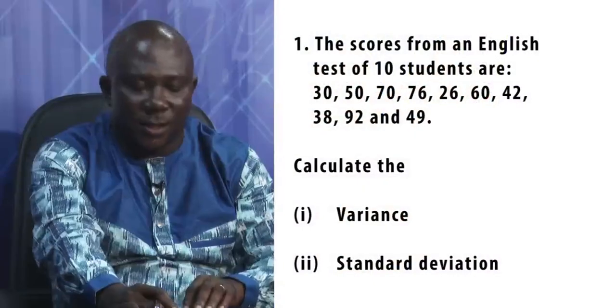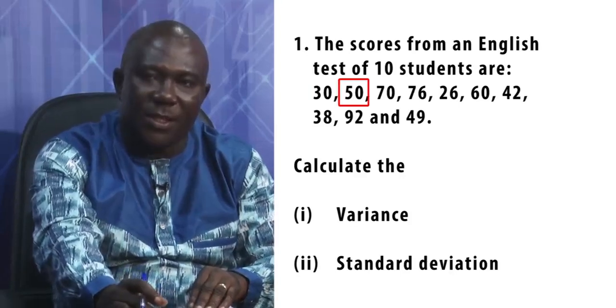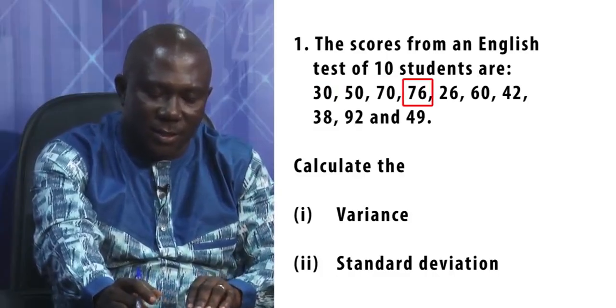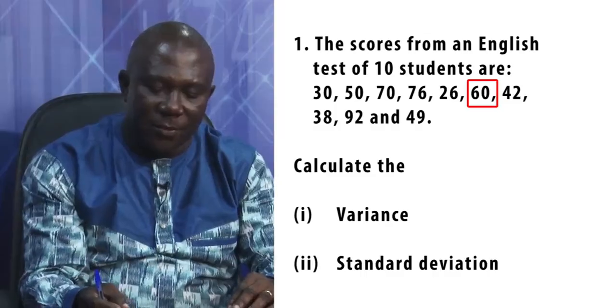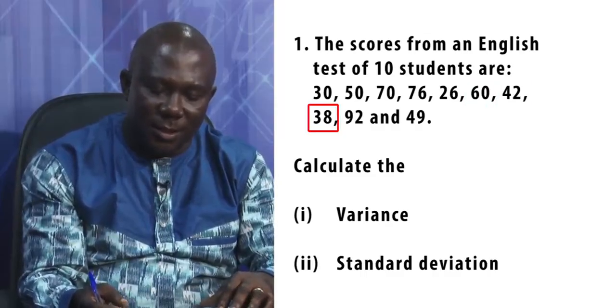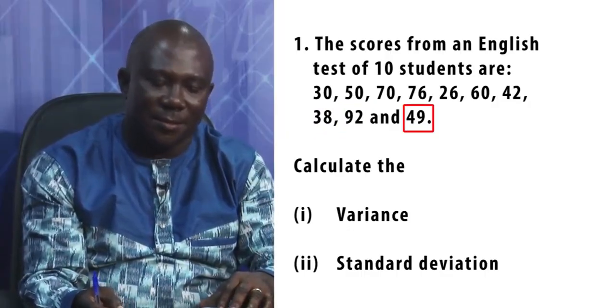Our first example is: the scores from an English test of 10 students are 30, 50, 70, 76, 26, 60, 42, 38, 92, and 49.